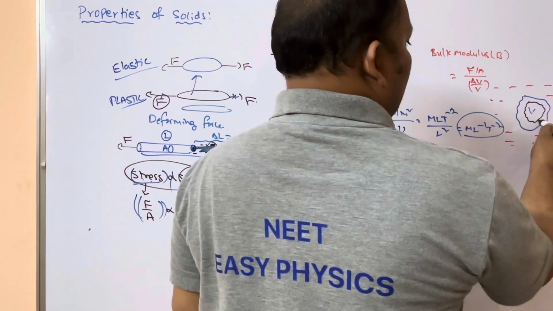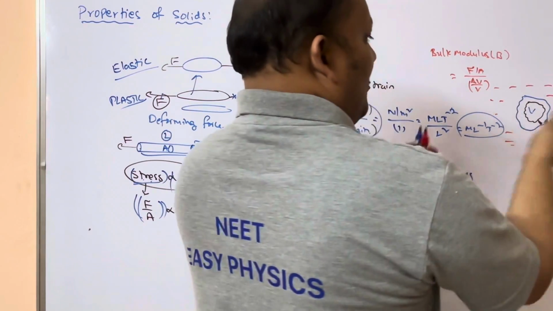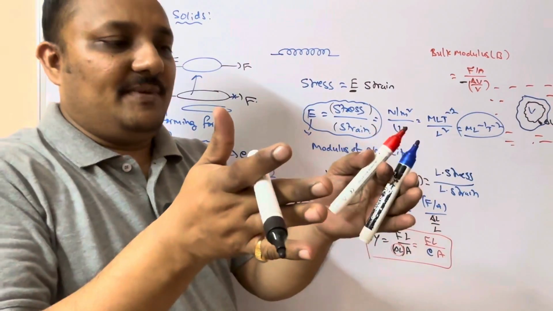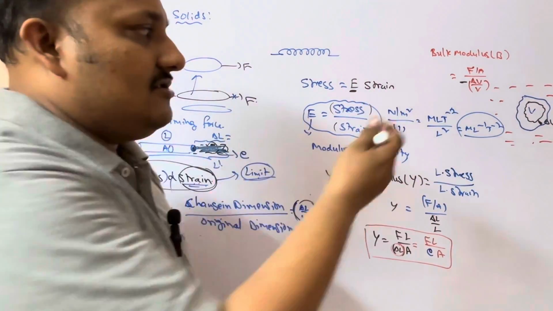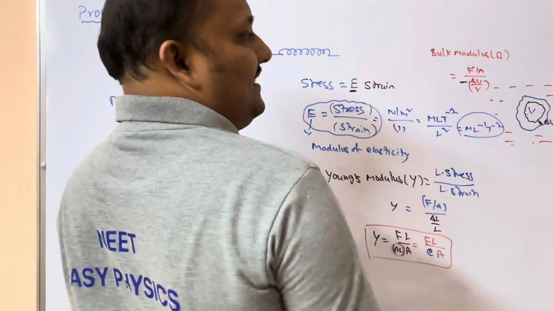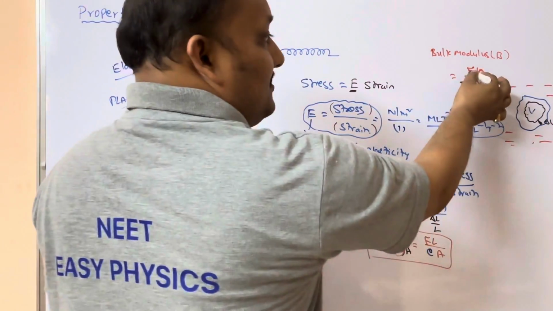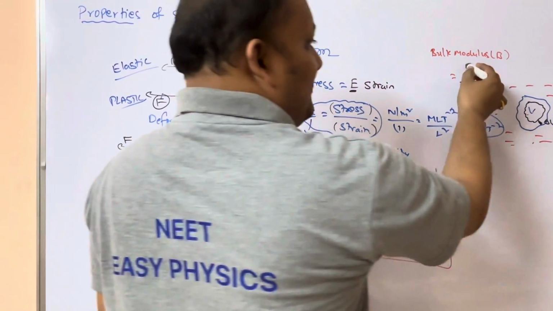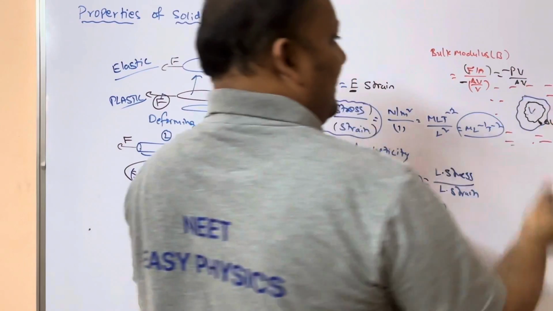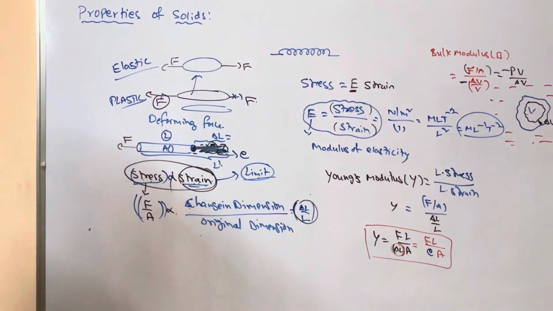So this is delta V. Volume decreases means minus will come. Simply, a sponge: if you press it like this, the volume is going to change. Volume decreases, therefore they will write minus delta V. So volume stress by volume strain. This F by A they will call pressure. So B is equal to minus P V by delta V. That is called bulk modulus.